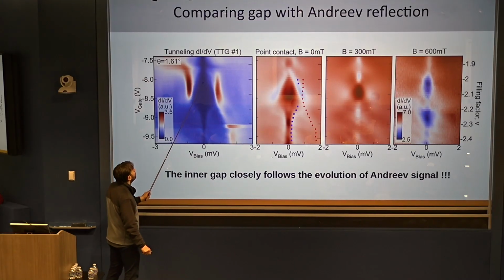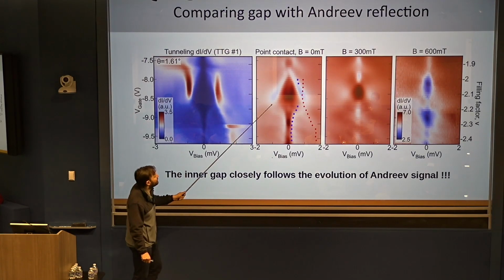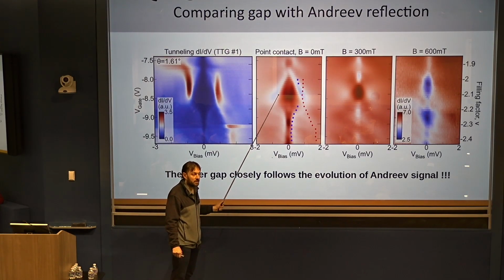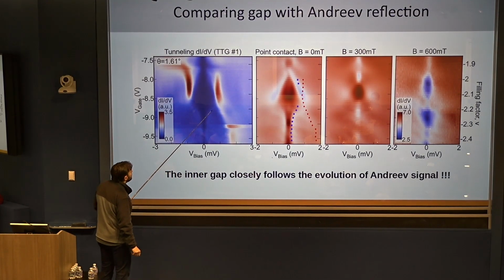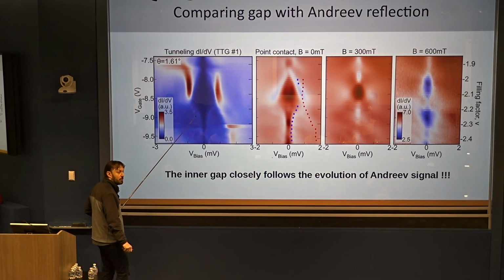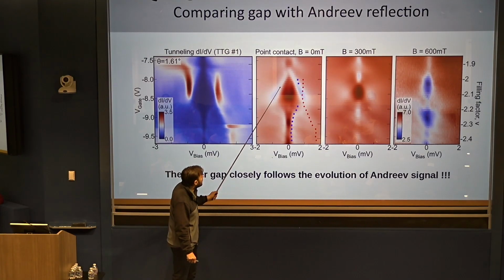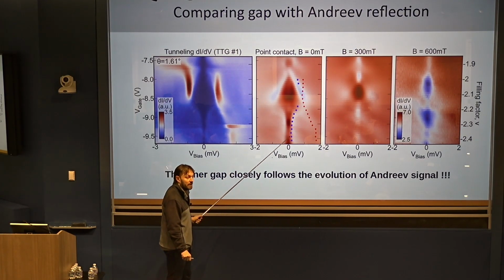You have the largest Andreev reflection signal somewhere here, and these are the places where this inner gap appears, and you can still resolve it. You see that the Andreev reflection is also getting suppressed.